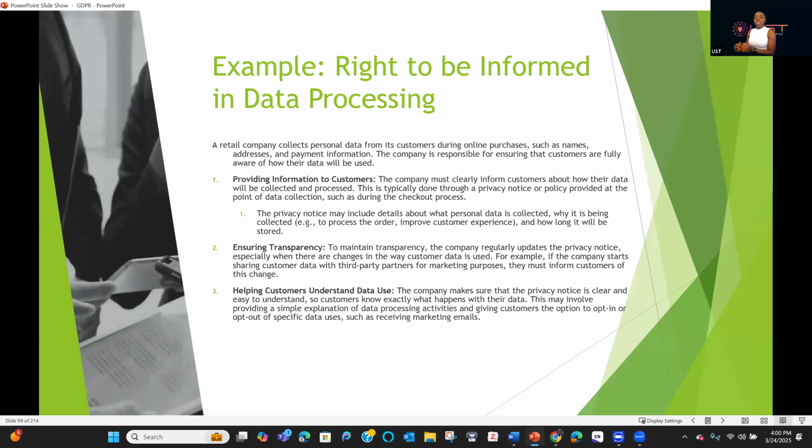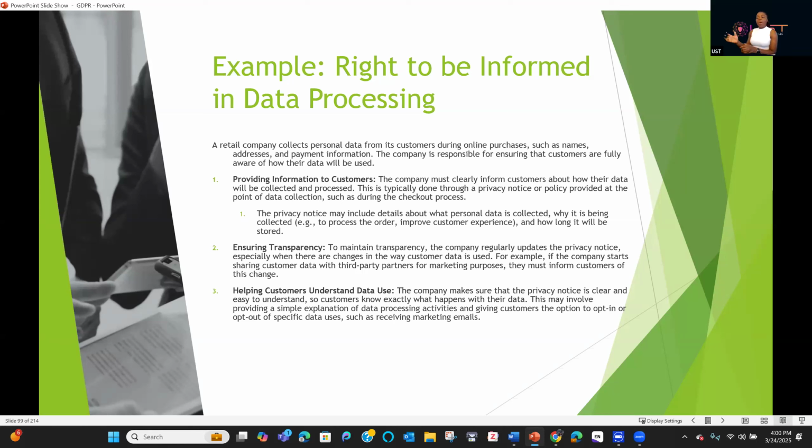And then they also need to ensure transparency. For example, to maintain transparency, the company regularly updates the privacy notice, especially when there are changes in the way customer data is used. For example, if the company starts sharing customer data with third parties for marketing purposes, they must inform customers of the change.